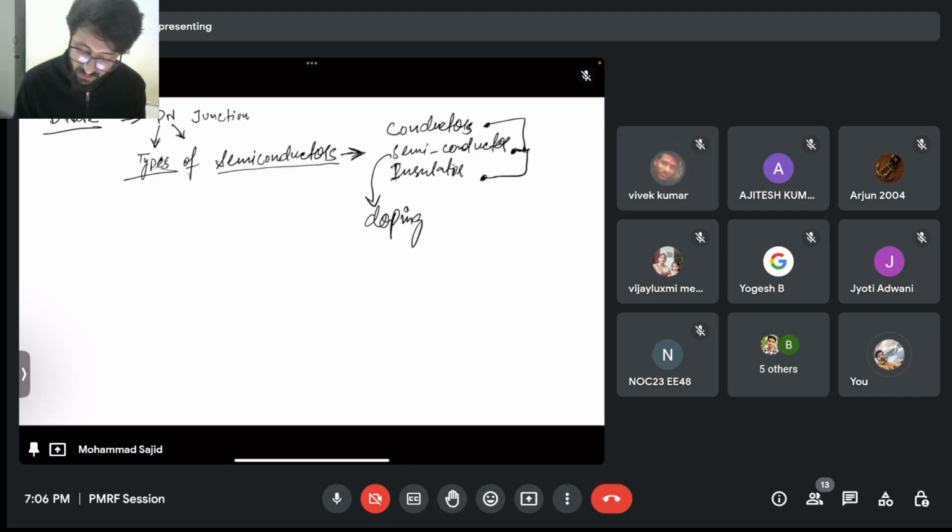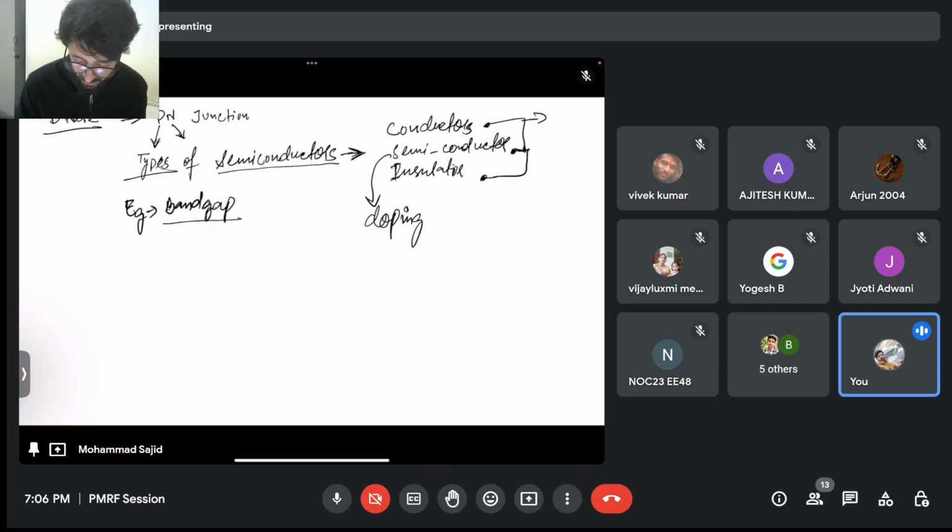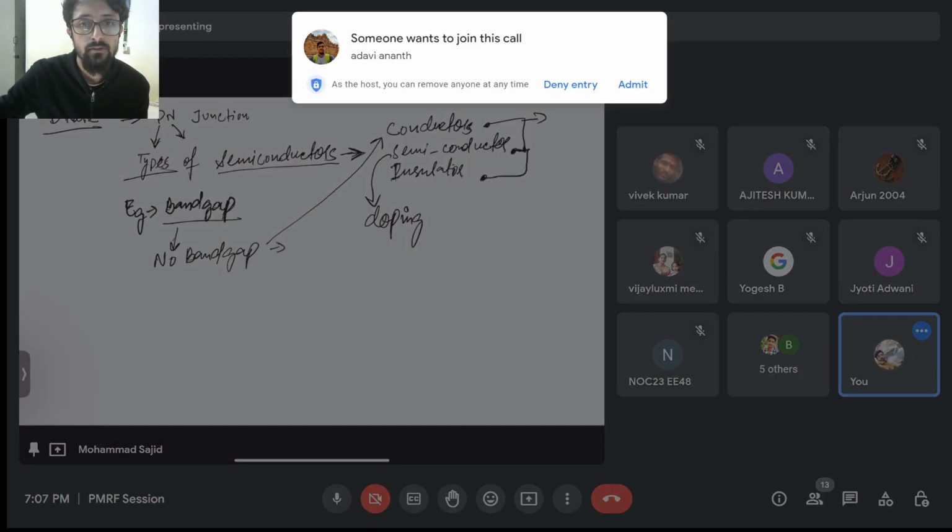Okay, thank you. Band gap is important to describe whether a material is conducting, semiconducting, or insulating. If you have no band gap or a small band gap, it falls in the category of conductors.